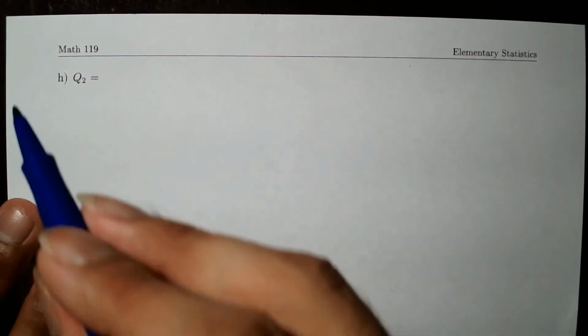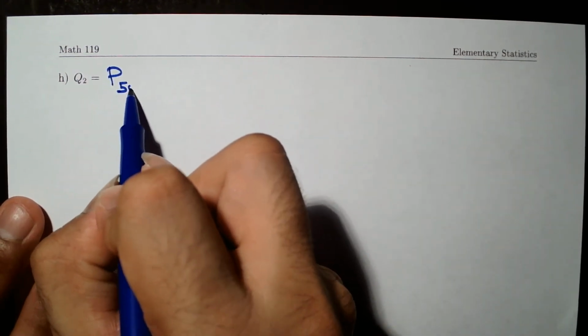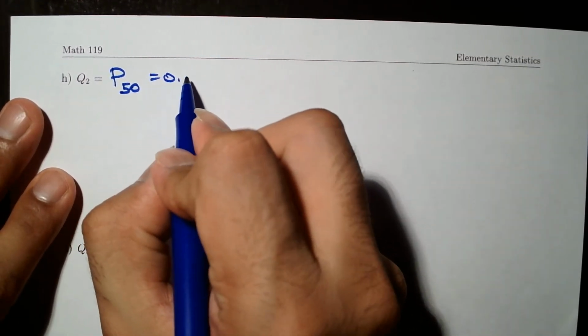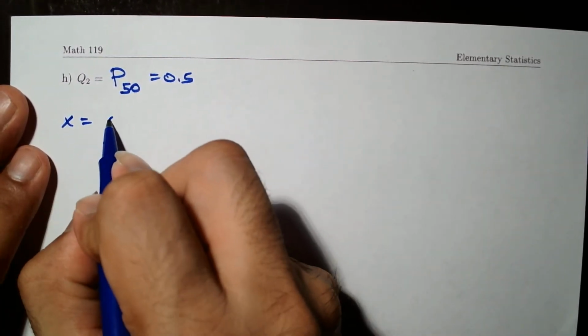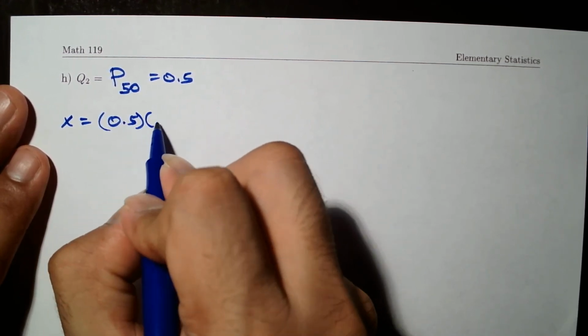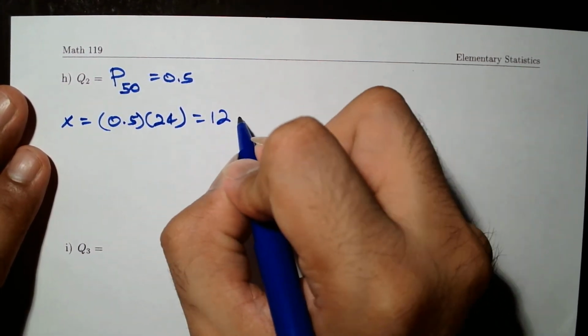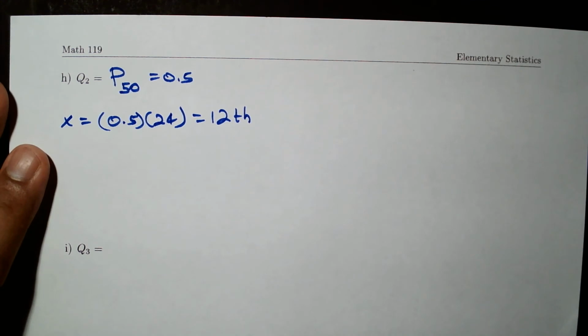Q2, which in this case is the same as saying P50, the 50th percentile, the second quartile. That is 0.5. So x equals 0.5 times 24, which gives us the 12th position.